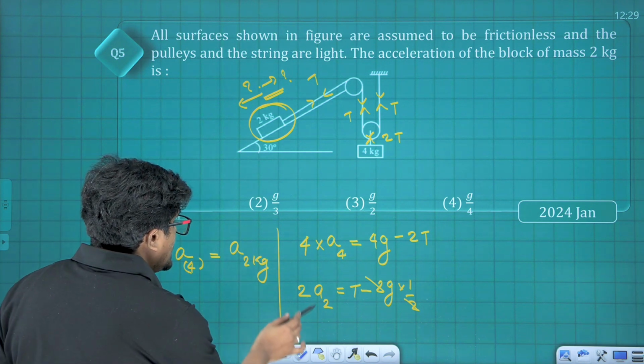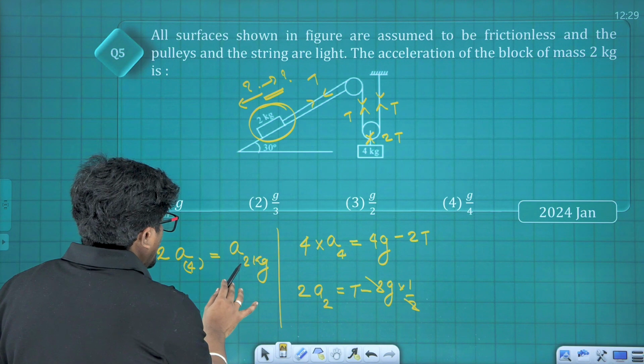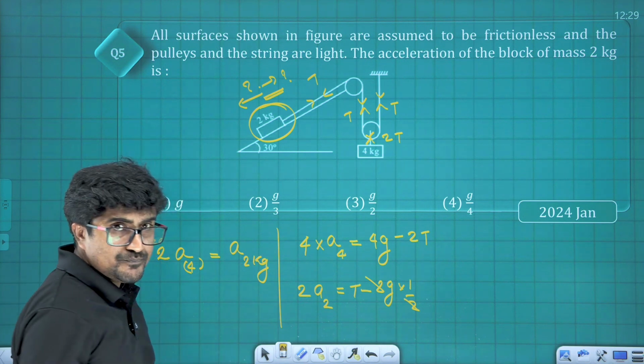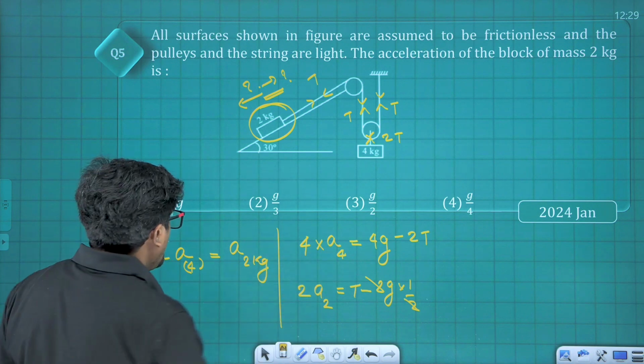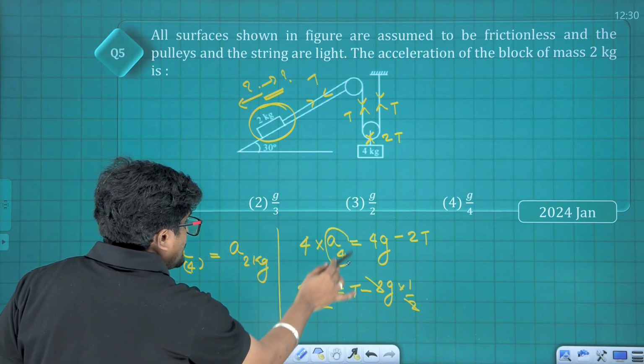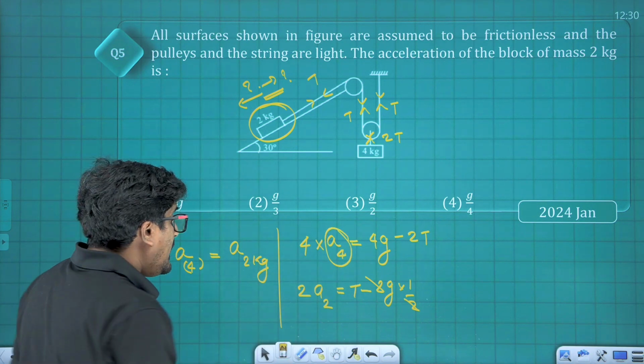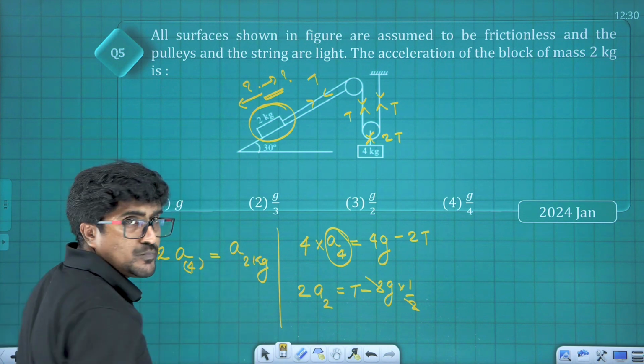The relation is 2 times A4 is equal to A2. We need the value of A2, so I am going to replace A4. A4 can be replaced as A2 by 2.